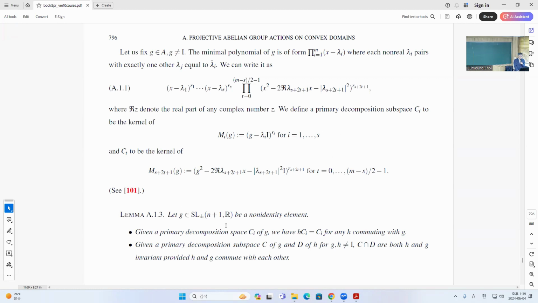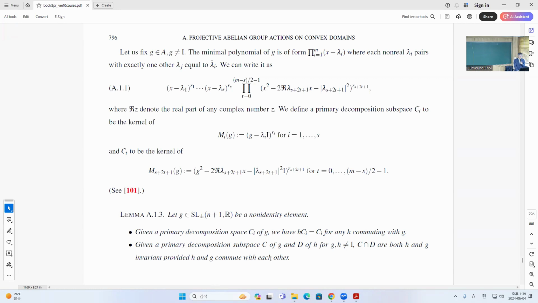So if G is a non-identity element, the primary decomposition space will satisfy this for any H commuting with G. For any primary decomposition space of G and H, C intersect G are both invariant as long as they commute with each other. Okay, so these are both invariant.